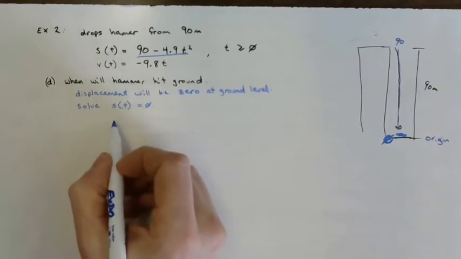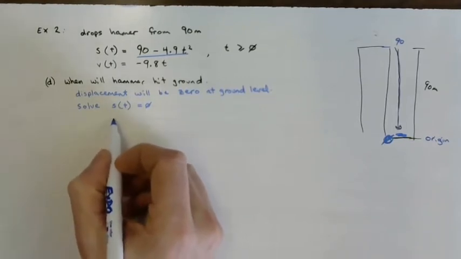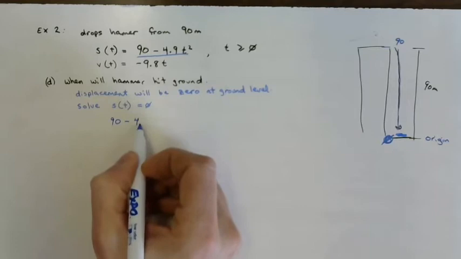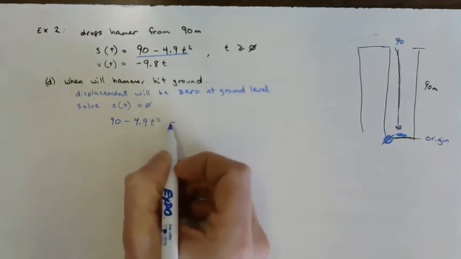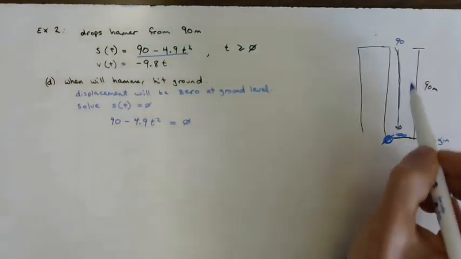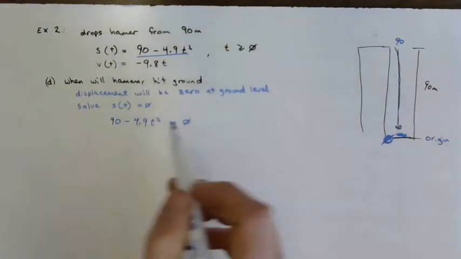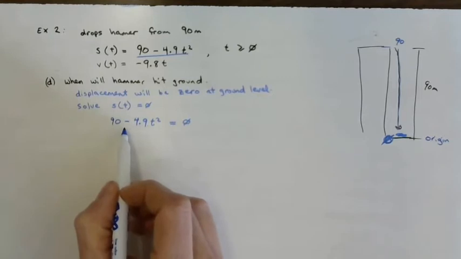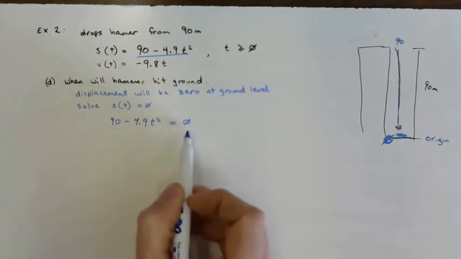So we've got 90 minus 4.9 t squared equals 0. Again, I'm taking our displacement, the distance that it is from the ground. It's starting at a height of 90, and it is accelerating down toward the ground until it hits 0.